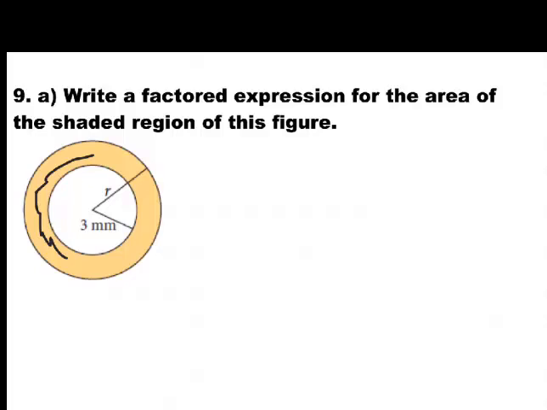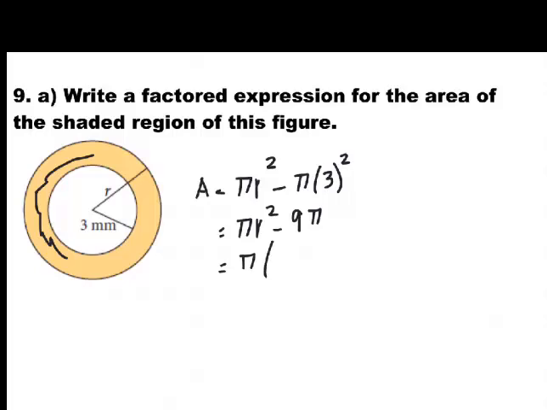So the shaded region, the area is pi r squared minus pi times 3 squared, which is pi r squared minus 9 pi. I factor pi out, I get r squared minus 9. This is the difference of squares, so I can write it as pi times r minus 3 times r plus 3.